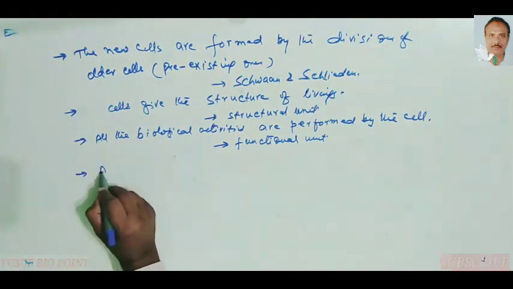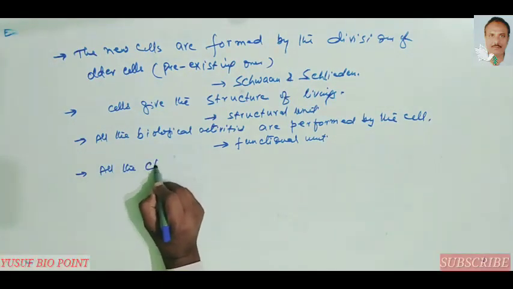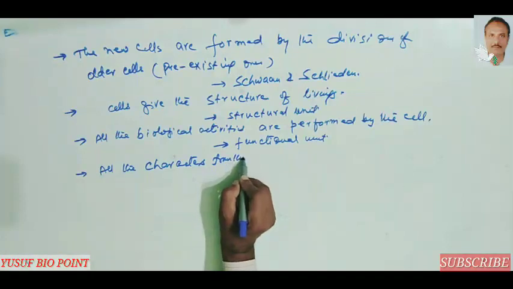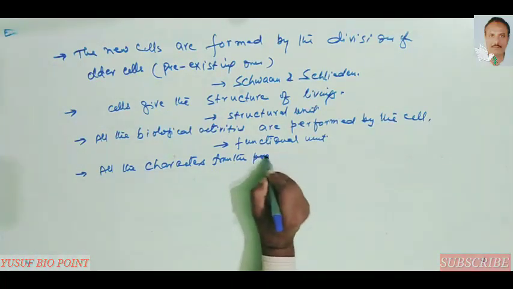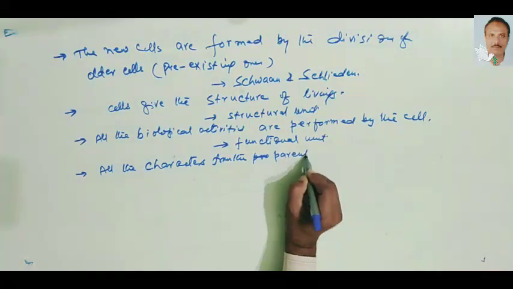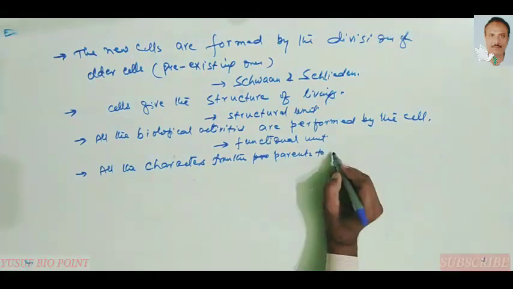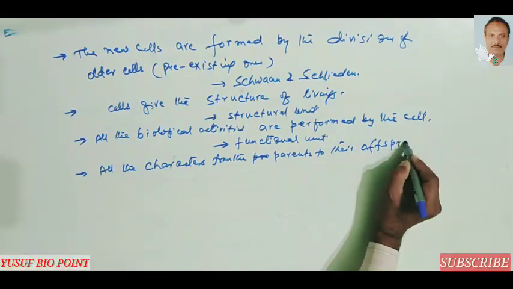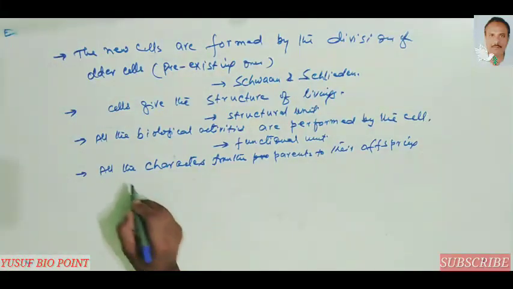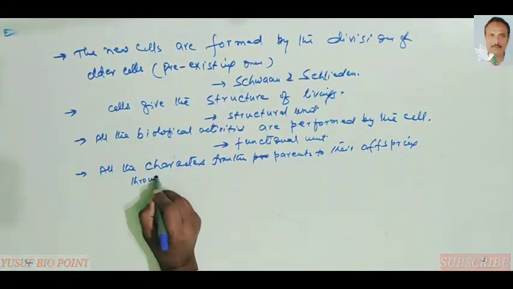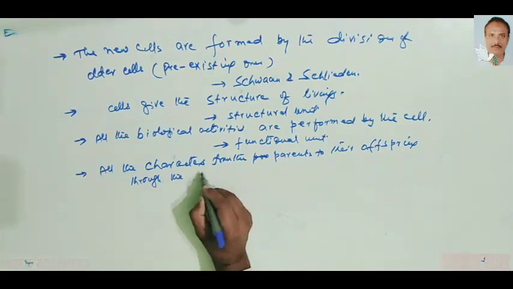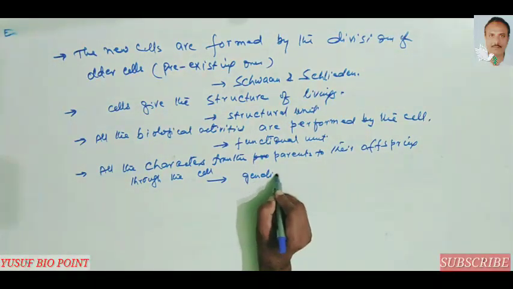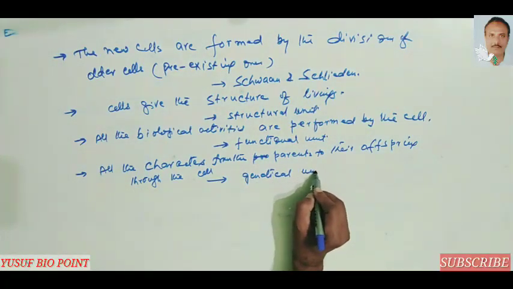And all the characters from the parents to their offspring, meaning child, are passed through the cell, so the cell is also called the genetical unit.